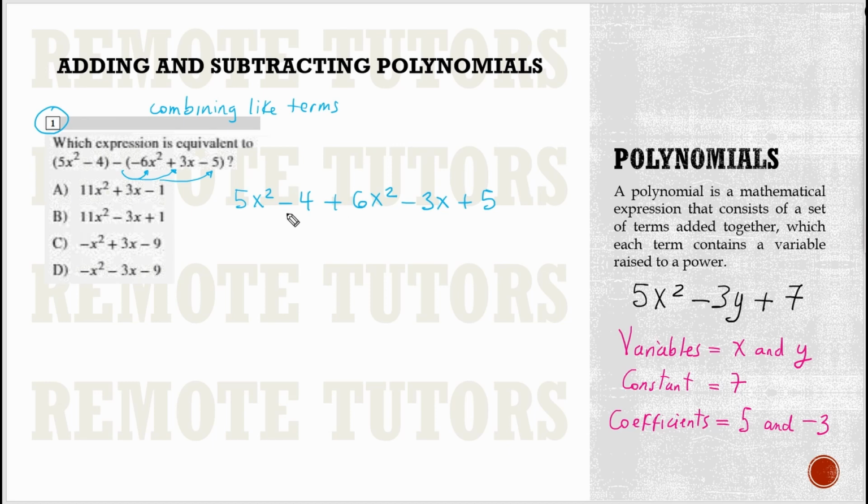Next, we will combine like terms. 5x squared plus 6x squared make a total of 11x squared. Next, minus 3x, and at last, minus 4 plus 5 gives 1. So the answer is choice B.